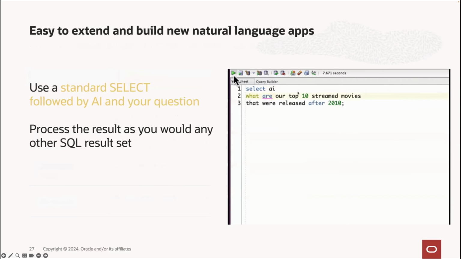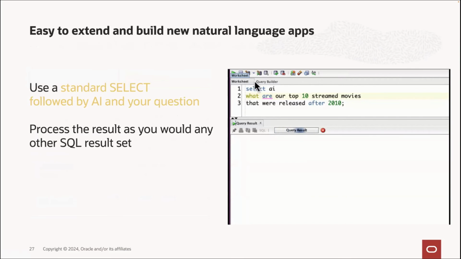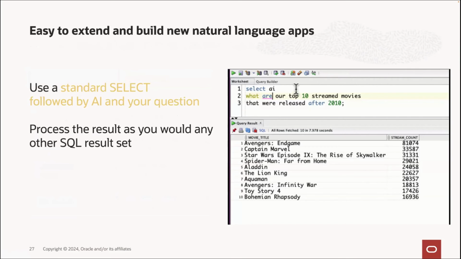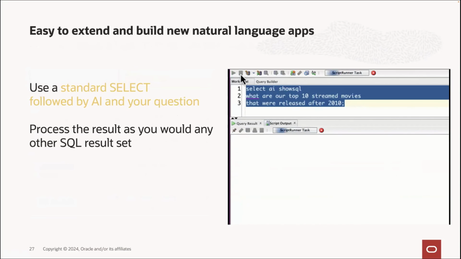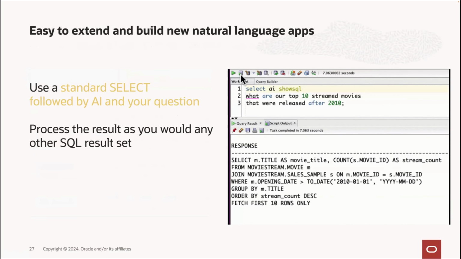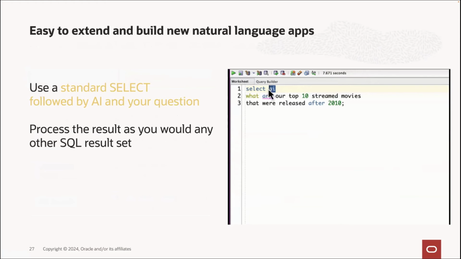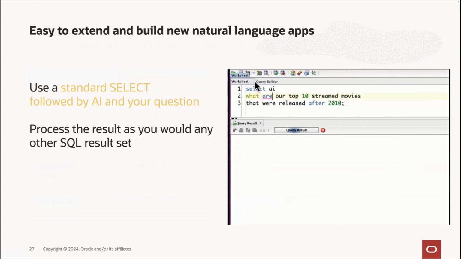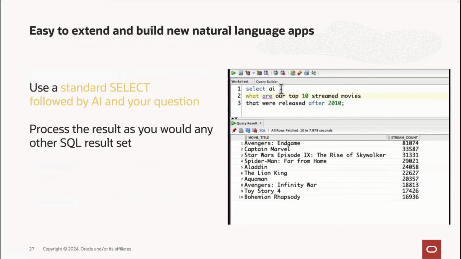So how does it work? Basically, instead of doing select star and adding the different column names, etc., you just do select AI, right? And you just pass the natural language query, which is basically what are our top 10 stream movies, for example, that were released after 2010.